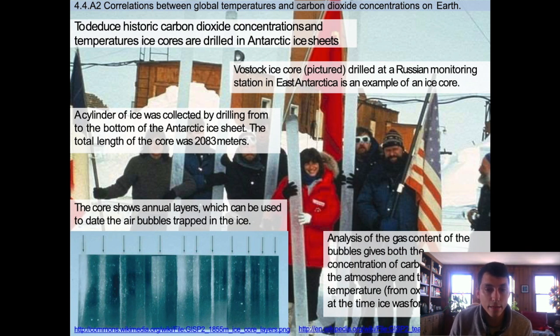So you take a sample of the air and you can test the concentration of different gases within that air. So you can get information about the concentration of carbon dioxide, the air temperature. You can get all sorts of information from the time when the ice was formed, and we use that to estimate data for before a time when we had direct measurements. It's quite accurate, but it is not a direct measurement.